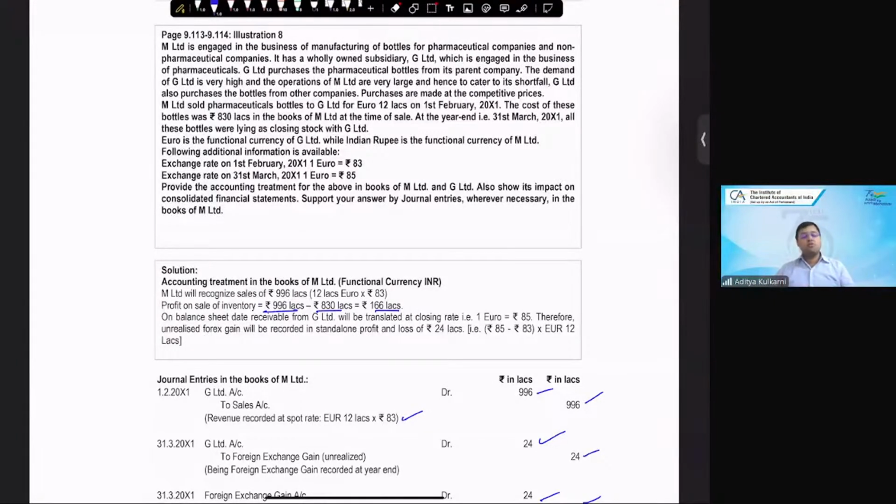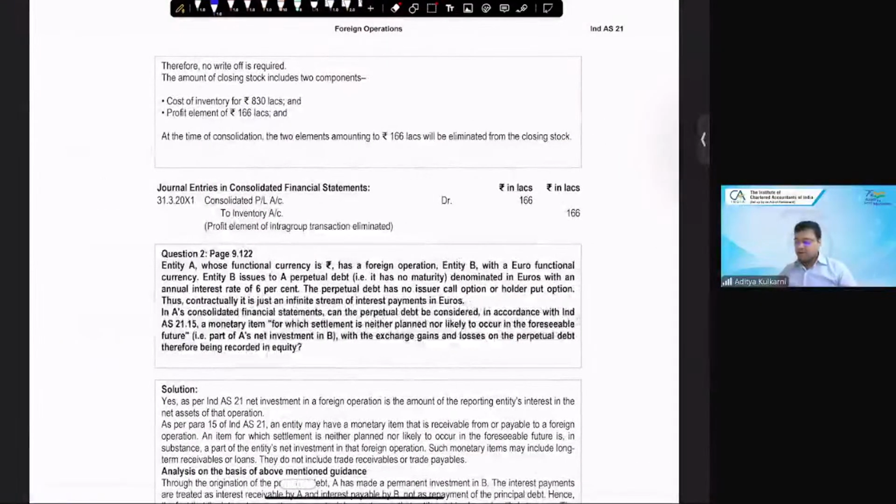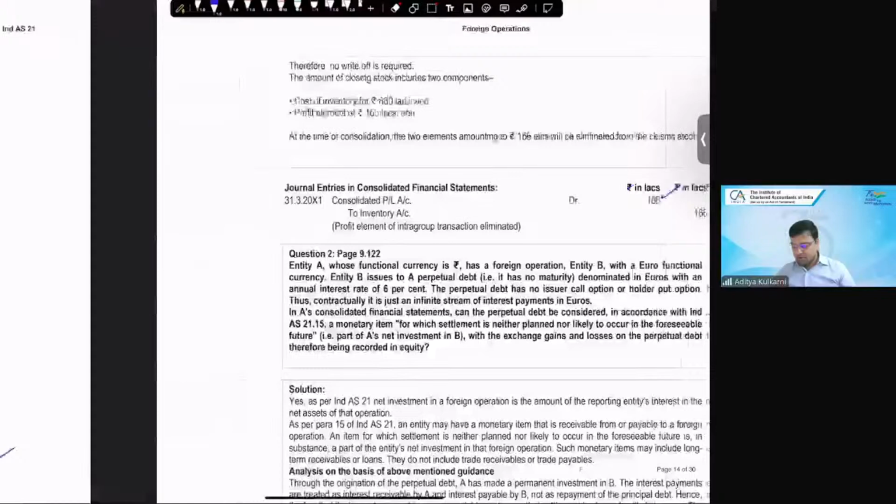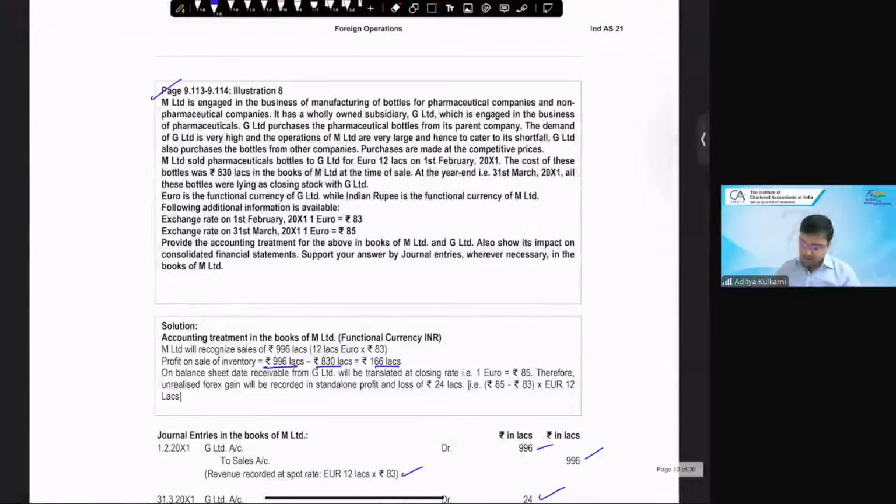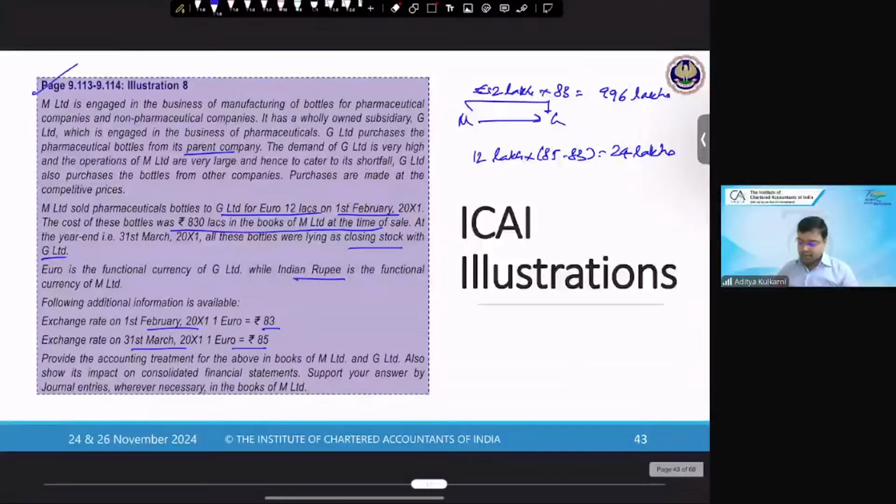This is intra-group profit. The company has made a profit on sale to its group company, and those goods are still in stock. So you have to reverse that profit. So consolidated P&L debit, inventory credit, 166. Are you able to understand? Yes, sir. That's about it. Okay, that takes care of this question.